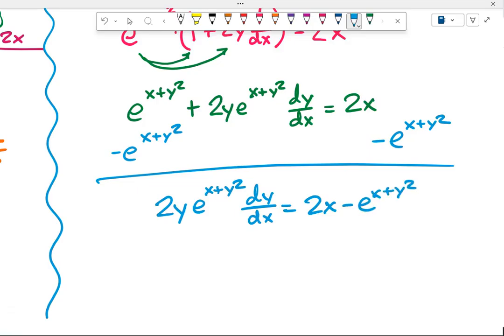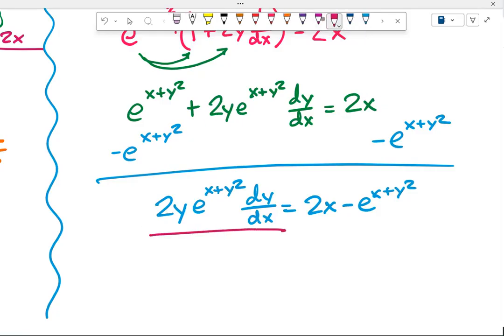We have one last thing to do. Do I need to factor that dy dx out? I know that's a step, but I don't really need it because I don't have more than one term. It's just the one term, so I can go to the last step. What's my last step? Divide it out. What am I going to divide by? All of this stuff that I'm multiplying here, right?